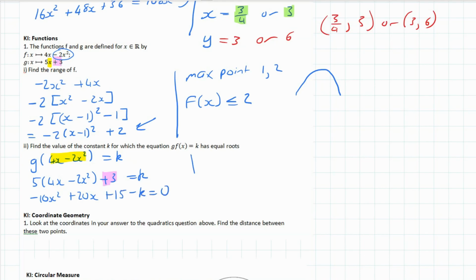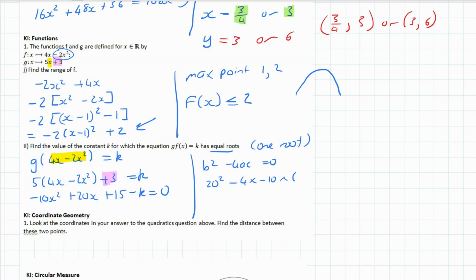So now I've got a quadratic and I can now find out where it has equal roots. So when we have equal roots, that means one root, doesn't it? So b squared minus 4ac is equal to 0 when we have equal roots. So what I'm going to do for that is I'm going to chuck in my b value, 20 squared, minus 4 times my a value, which is negative 10, times, and then for my c value, you can see that there are actually two parts to c.